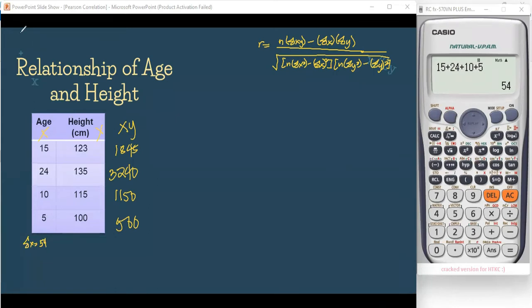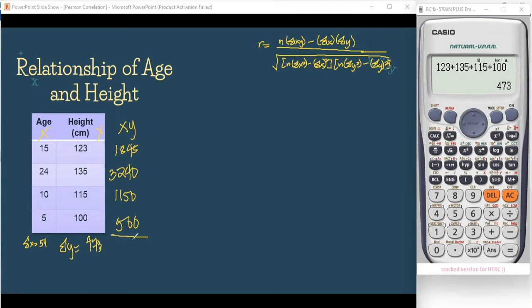Now, what about our height? The summation of y is 123 plus 135 plus 115 plus 100. So that will give us 473. So our summation of y is equal to 473.